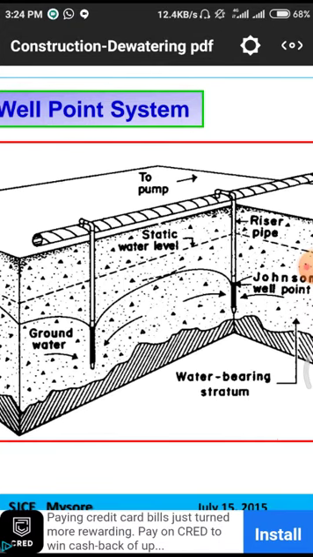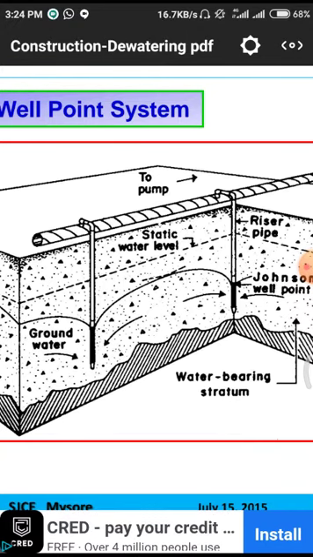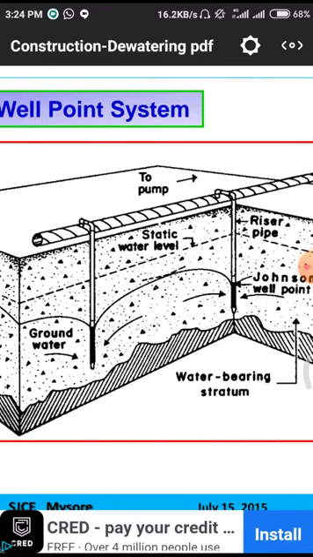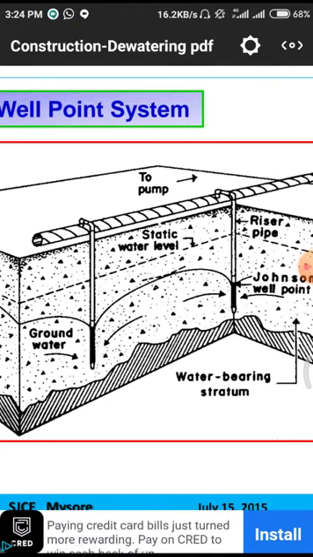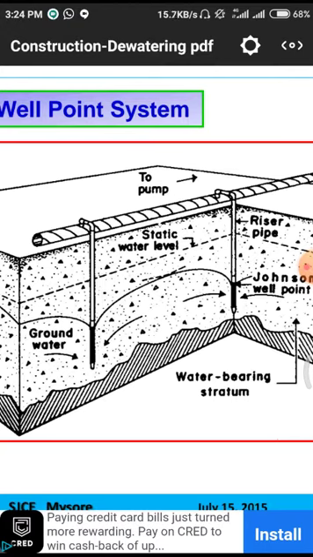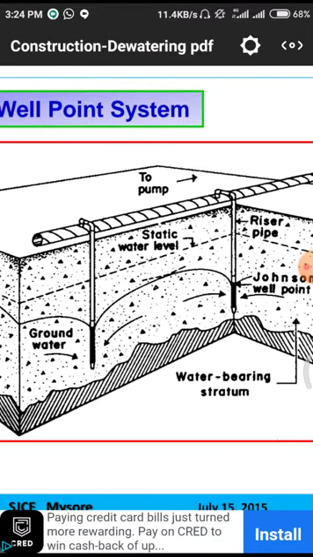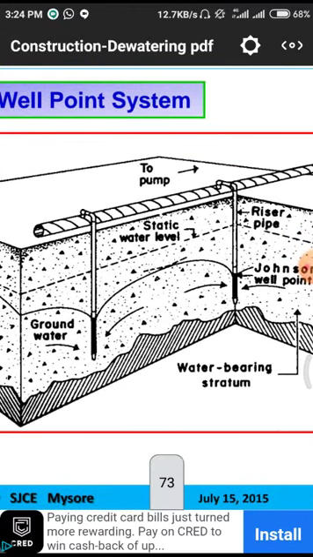The two arrow lines are focused at this pipeline system, the riser pipes, that means the bottom of the riser pipe. From the bottom of the riser pipe, the total water will be collected, and that water will be fed to the main pipeline system. The main pipeline system is connected to the pump, so the pump will serve that water into another land or any other canal.